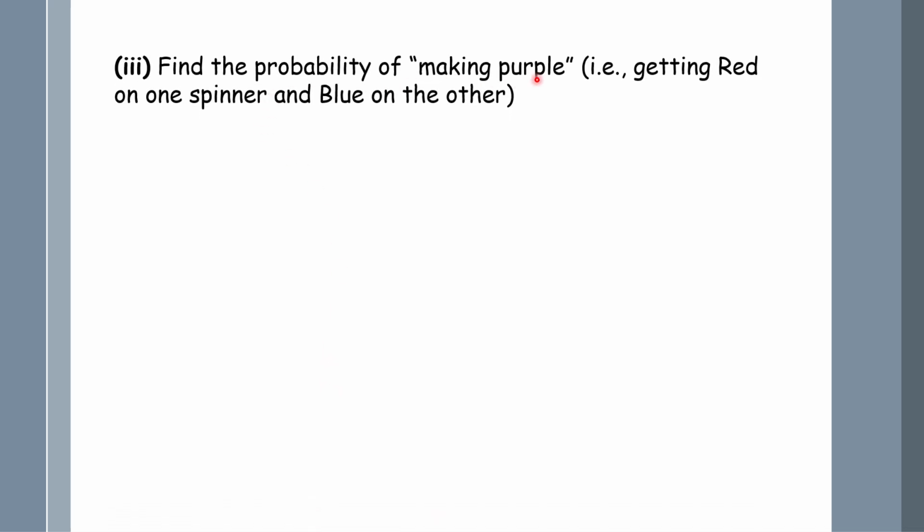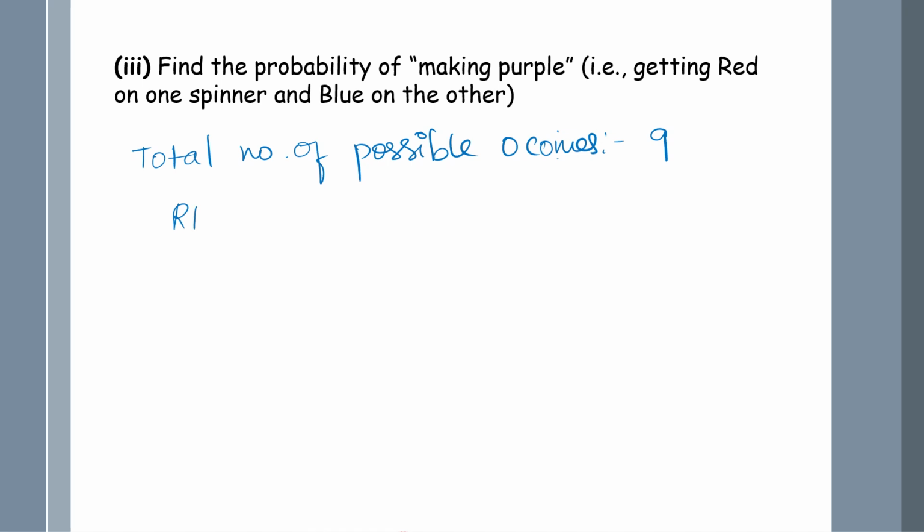Let's see the last subdivision of the problem, that is, find the probability of making purple, that is, getting red on one spinner and blue on the other. We all know the total number of possible outcomes is 9, and out of which the winning outcome is red blue, which is only 1.